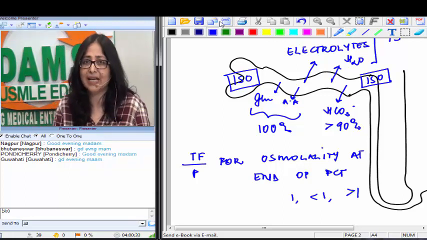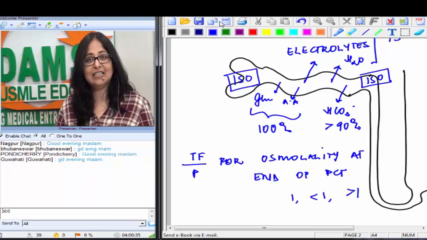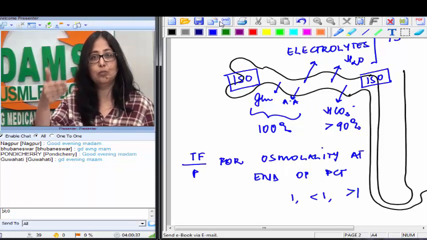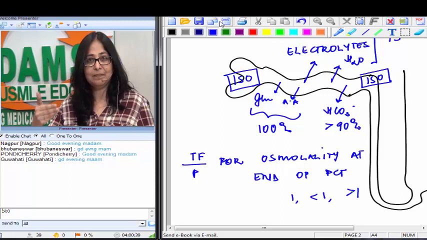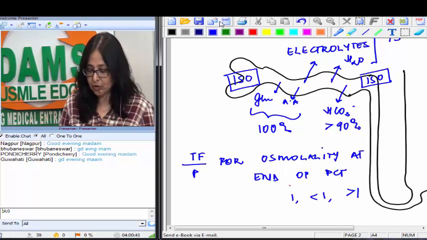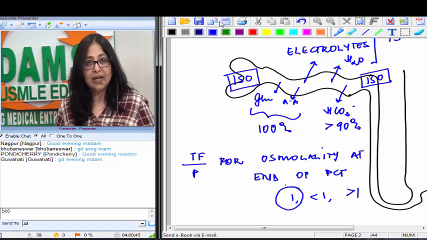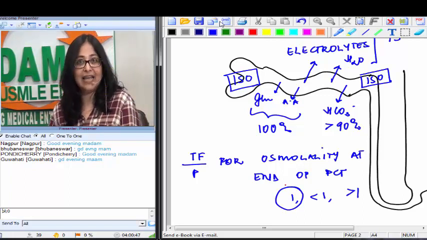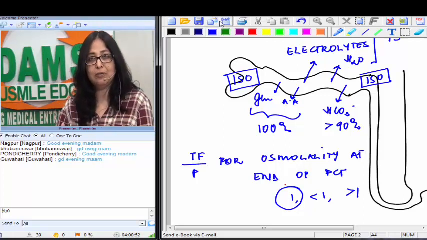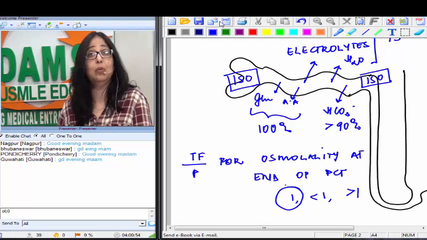The TF by P ratio, tubular fluid osmolality divided by plasma osmolality, will be 1. Have you got my point? The fluid at the end of PCT is isotonic with plasma, so the tubular fluid by plasma ratio for osmolality will be 1.